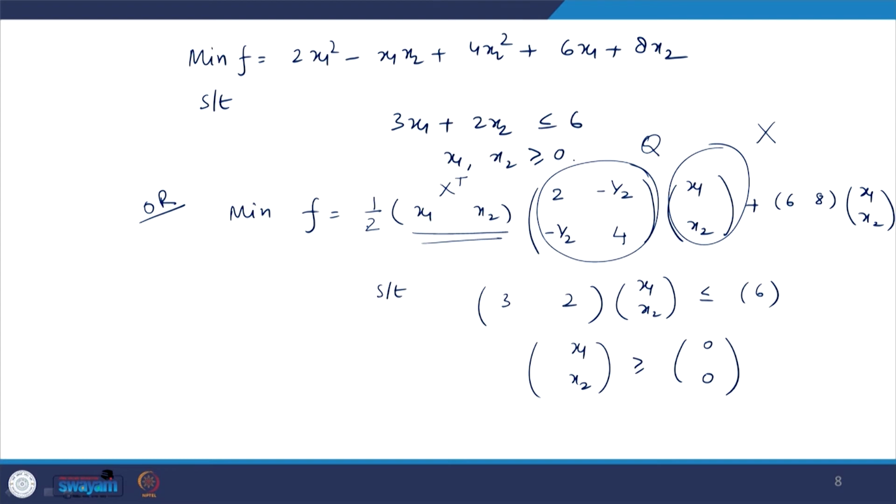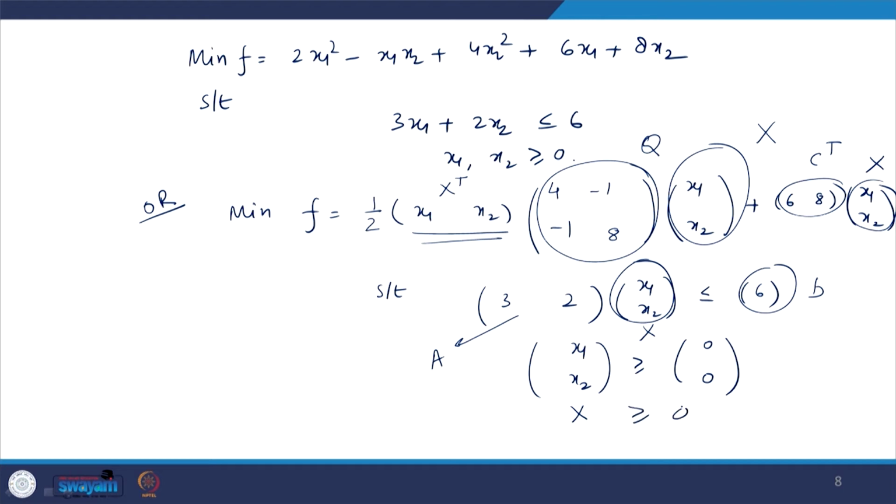In that case it will be 4, 8, minus 1, minus 1. So, it is 1 by 2 x transpose Q x plus C transpose x, where this is matrix A, this is x, this is B and this is x greater than or equal to 0.